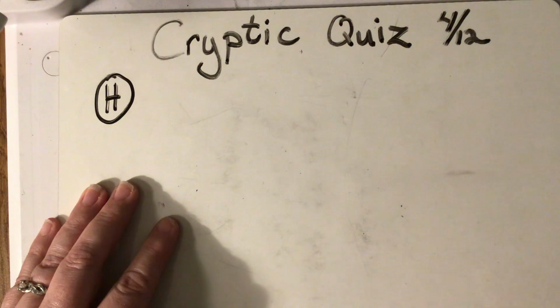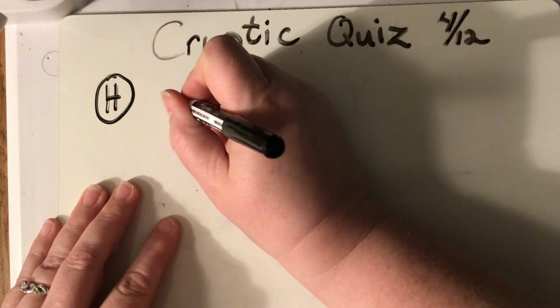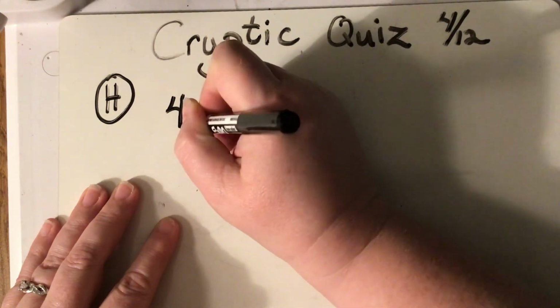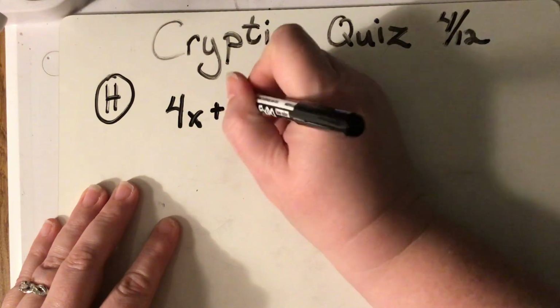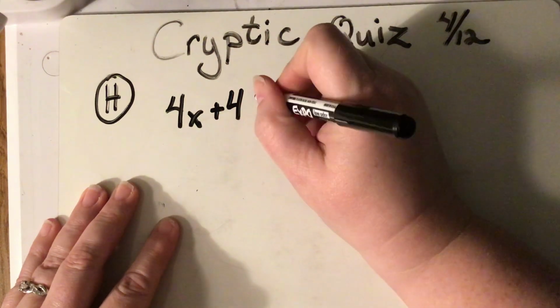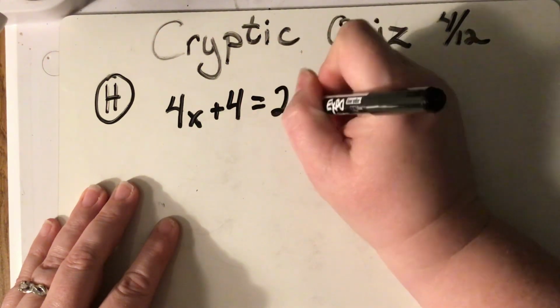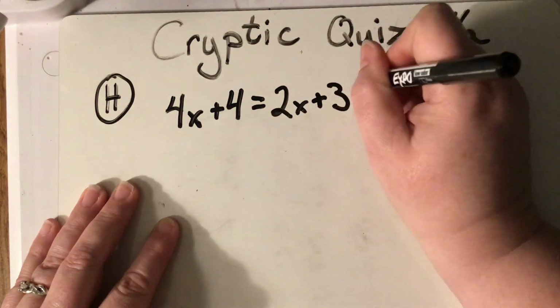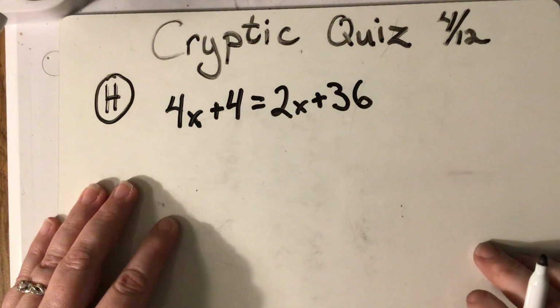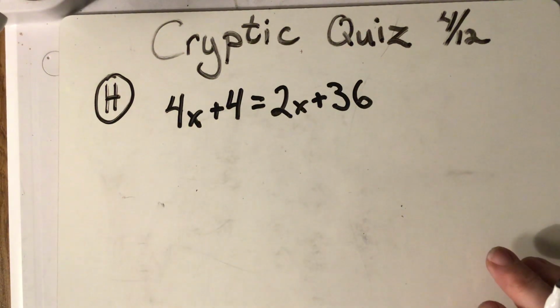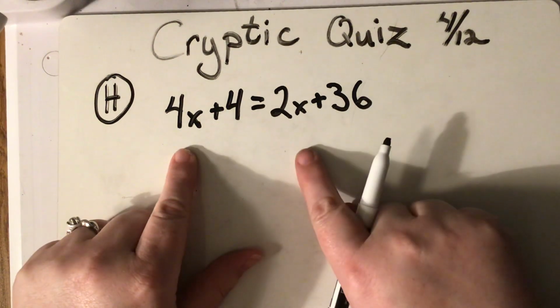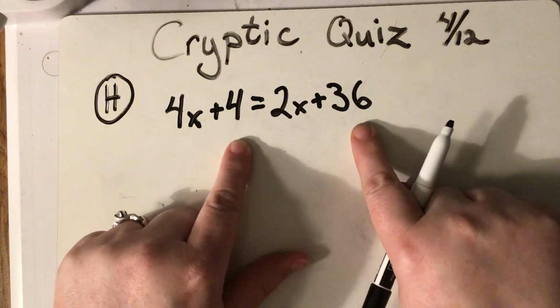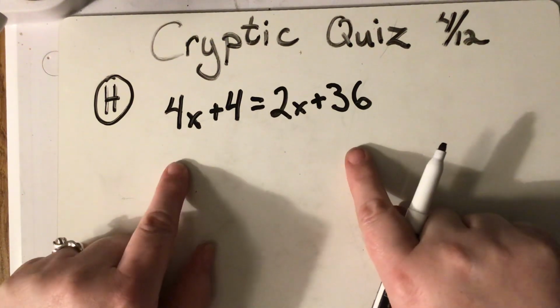All right, let's do letter H. This one is a little bit tricky. So we have 4x plus 4 equals 2x plus 36. All right, now the reason why this guy is tricky is because we have letters and numbers on both sides.